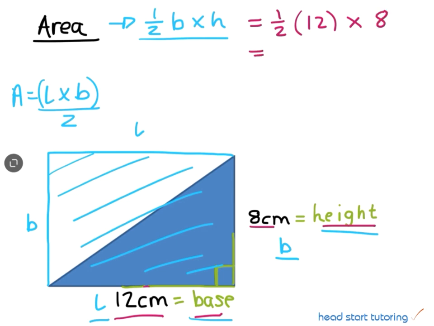So we end up with half of 12, which is 6, and 6 multiplied by 8 is 48. And because we are working with area, we are saying centimeters multiplied by centimeters, so we end up with centimeters squared. With area, your measurement will always be squared, remember.